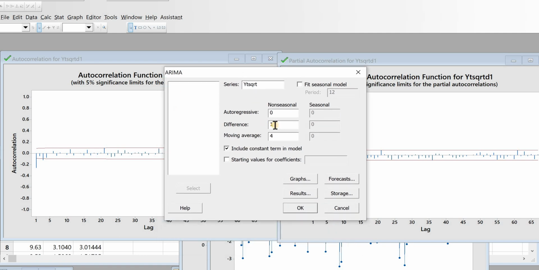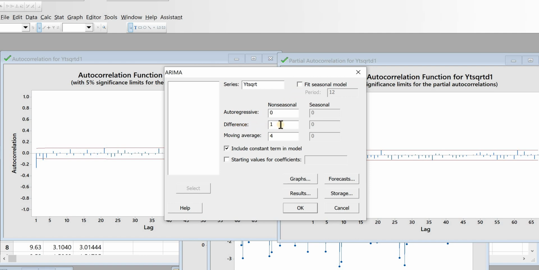For example, if the differencing involves the seasonal lag, we put the lag here, but we will need to fit the seasonal part first. This is an example where the seasonality is monthly, so it is 12. In this case there is no seasonality, so we untick this one.